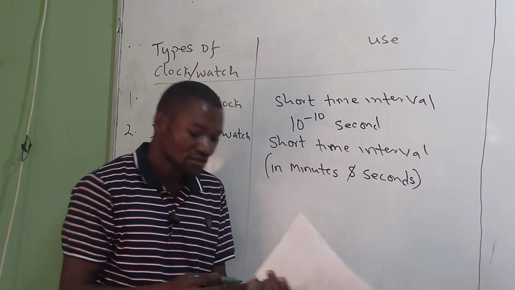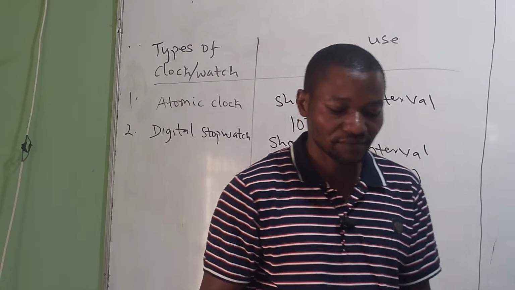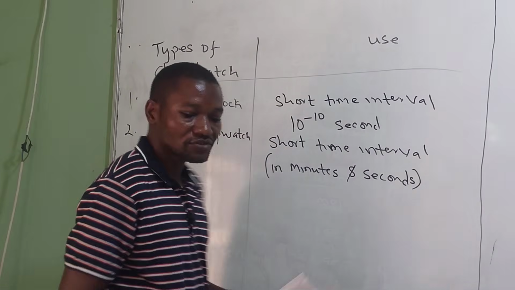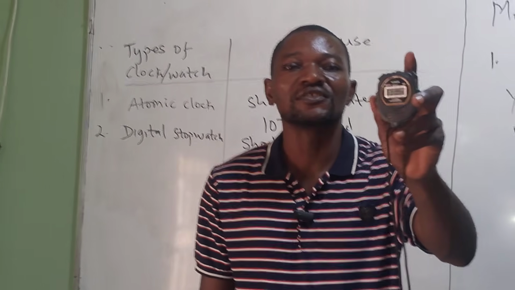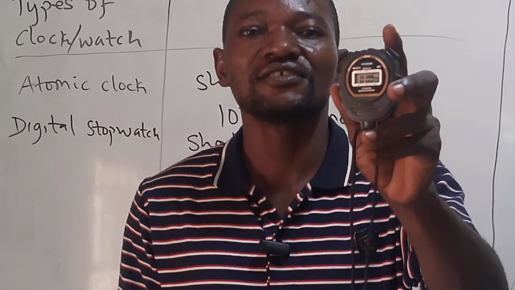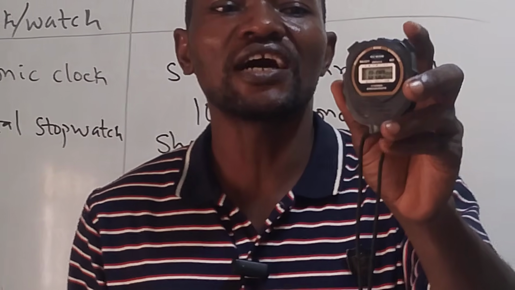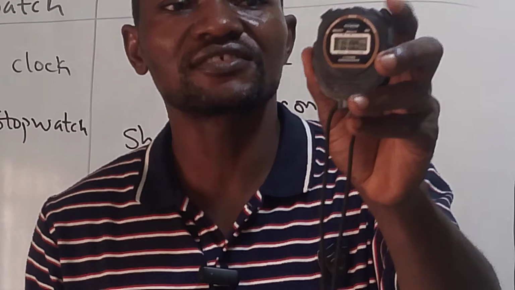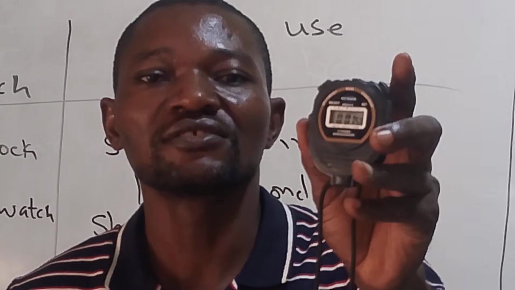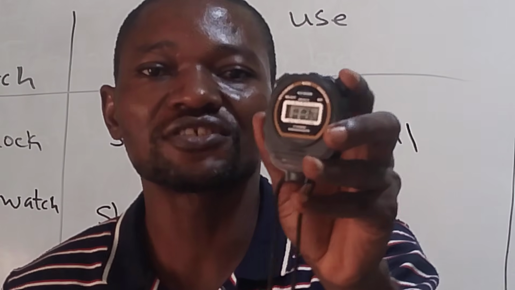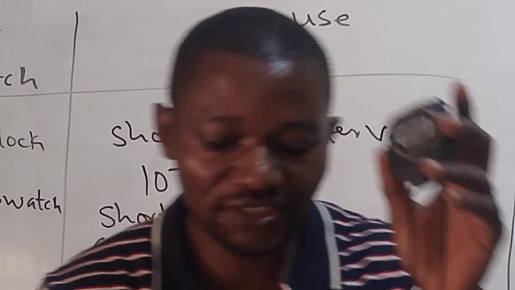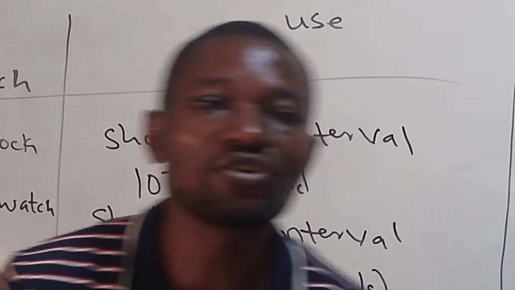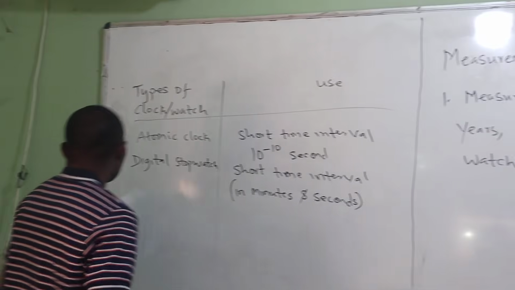So this is a digital stopwatch. It measures time in minutes and seconds. So you can see, you start it, take your reading, after which you stop and you record your time.